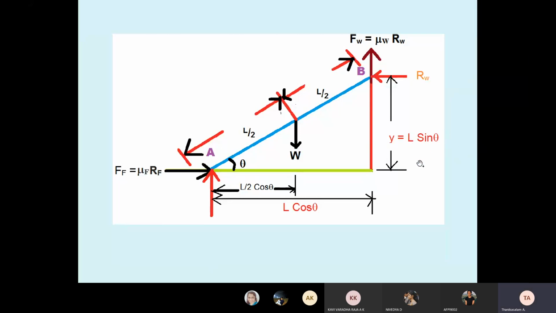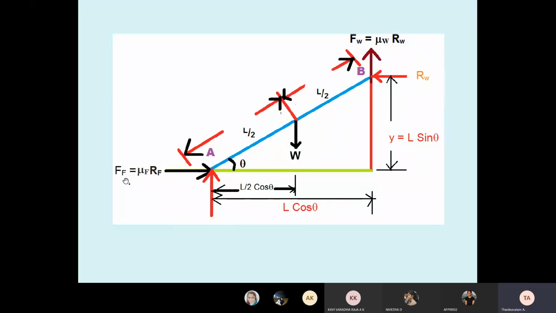L sin theta. What is the bottom? L cos theta. You know the ladder length L is the hypotenuse, and theta, so we can use mathematics. Horizontal distance is L cos theta. Vertical distance is L sin theta. You know where the weight is acting? At the middle. That's why I divided L by 2, L by 2, where L means the length of the ladder.